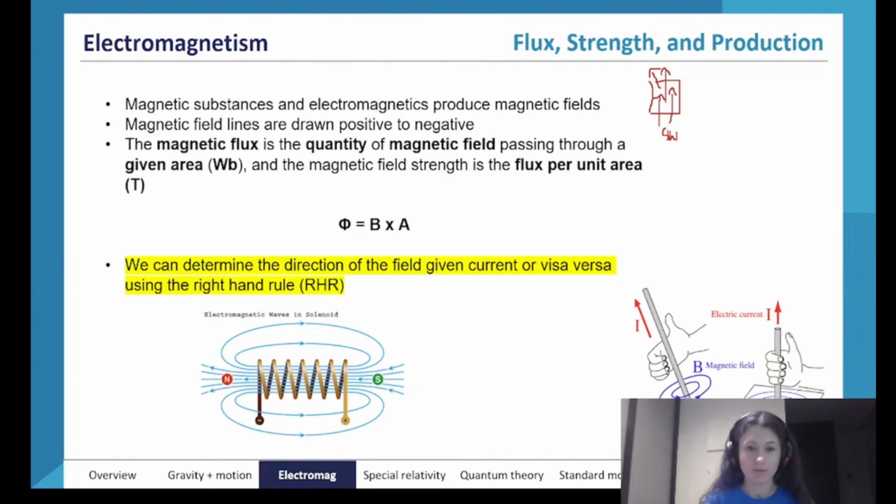However, if we wanted to find the magnetic field strength, and this was, say, 4 meters squared, then 1 meter squared per unit area is only going to have a magnetic field strength of 1 Tesla.